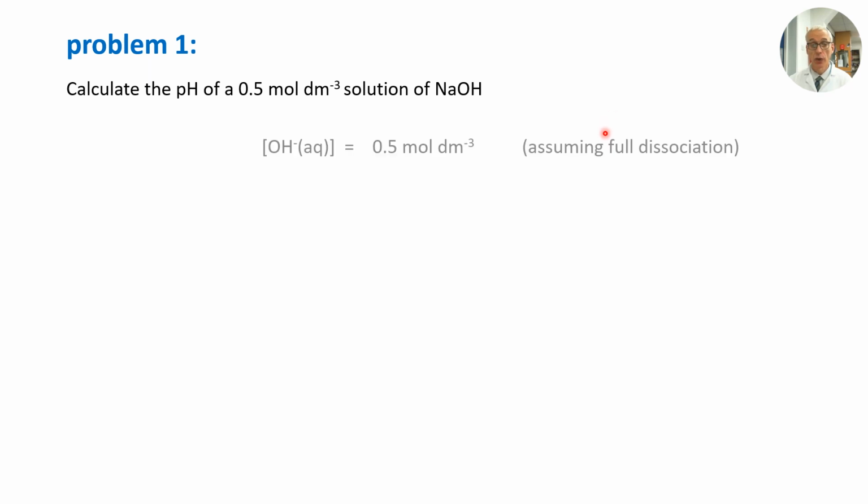Okay, so the first thing we do is use the idea of the full dissociation of the strong alkali sodium hydroxide to give us the concentration of hydroxide ions, 0.5 moles per decimeter cubed, exactly the same as the original concentration of sodium hydroxide.